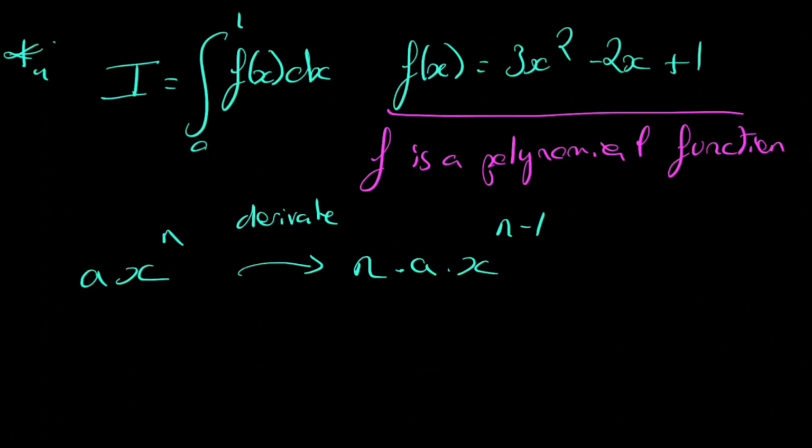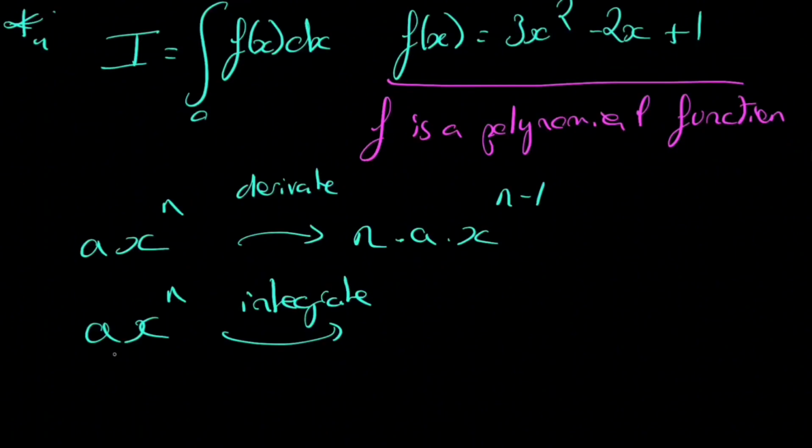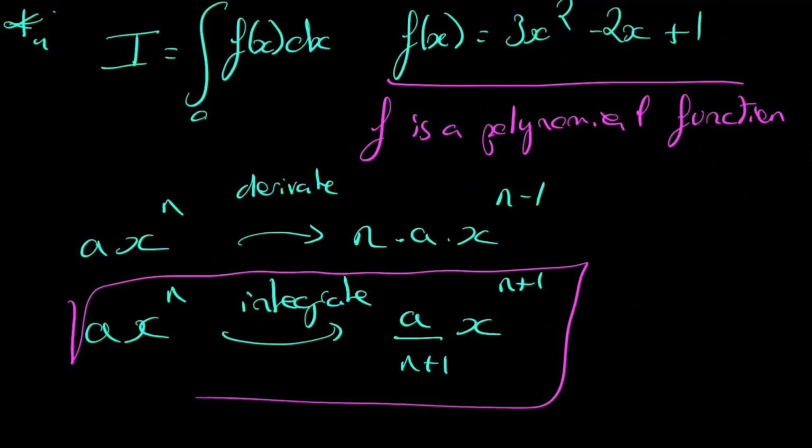When you've got something like a times x to the n power, you can integrate it following quite the same rule: a over n plus 1 times x to the n plus 1 power. That's something you should do.